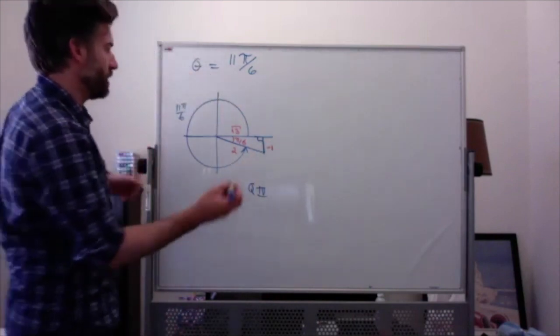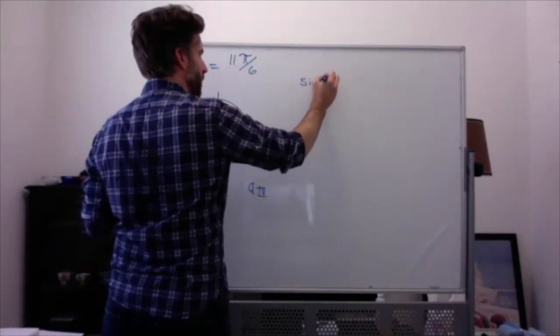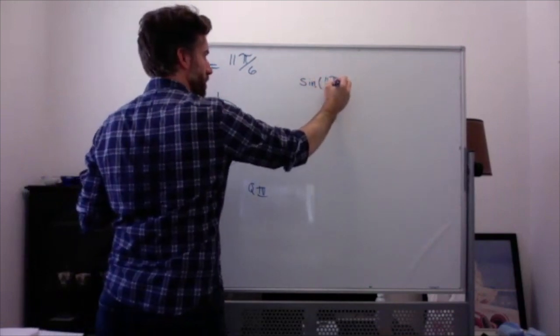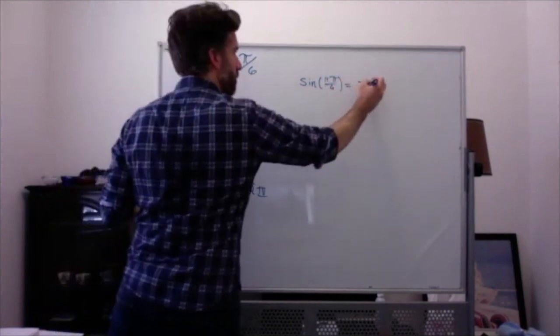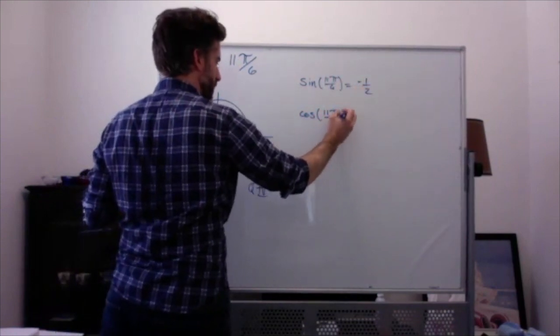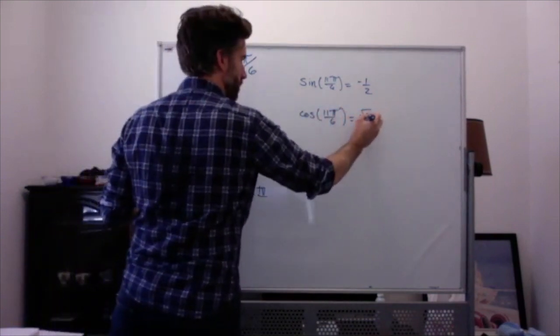And so in this case, I might just do the first 3. Sine of 11 pi over 6 is negative 1 over 2. Cosine of 11 pi over 6 is adjacent, root 3 over 2.